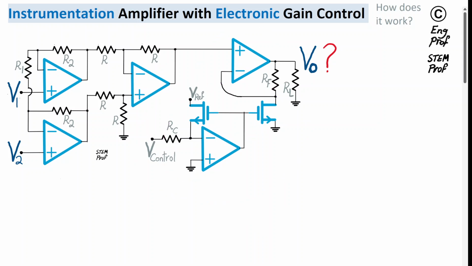Okay, so to quickly run this analysis, let's make the assumption that we are applying the bias properly to all op-amps, so positive and negative supply voltages are properly applied. We can also see that the outputs of the op-amps are properly connected to the negative or inverting terminal for all the op-amps, indicating that we have proper negative feedback.